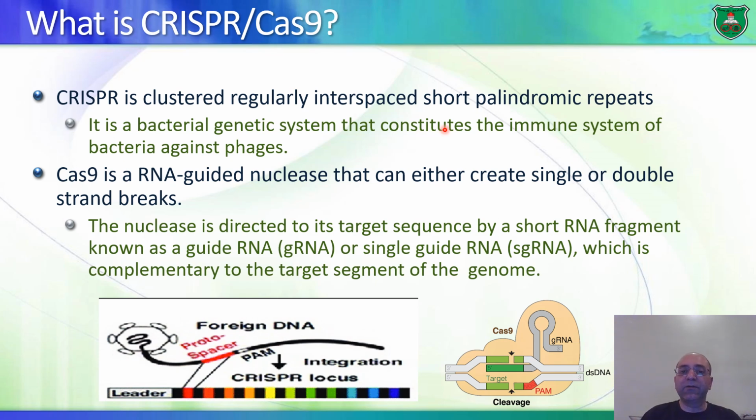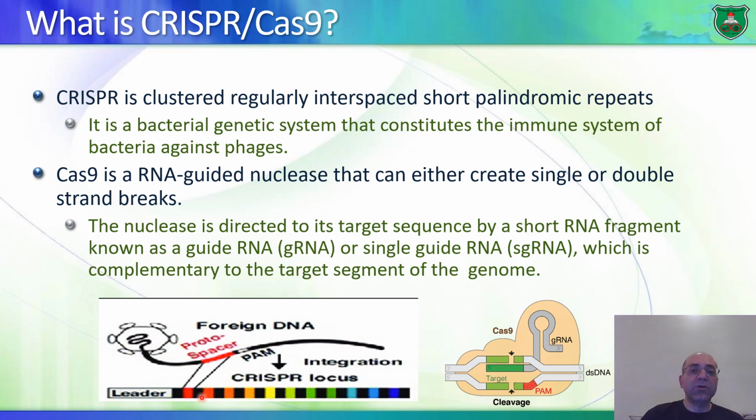And they're clustered, meaning that they're all located as clusters, as groups of sequences. Okay? And where does that exist? It exists in bacteria. So what you have in here is that these black boxes are the repeats, the palindromic repeats. And they are separated by other sequences, and these sequences are viral.